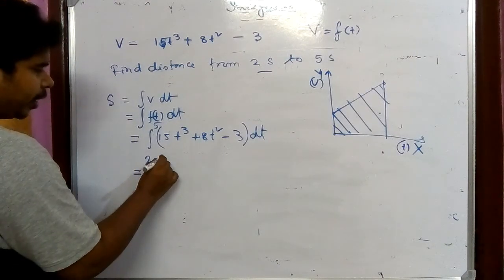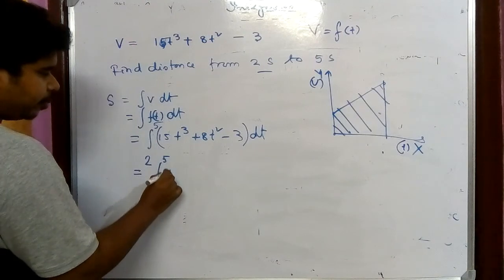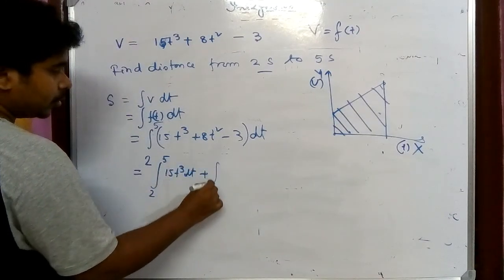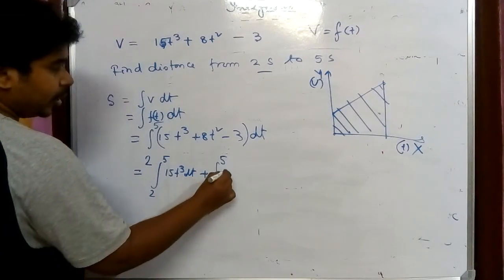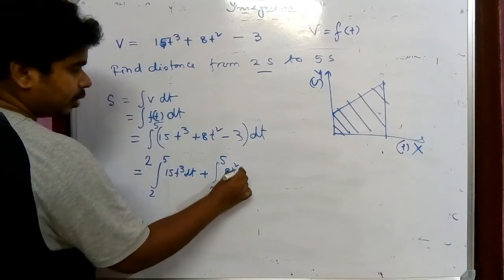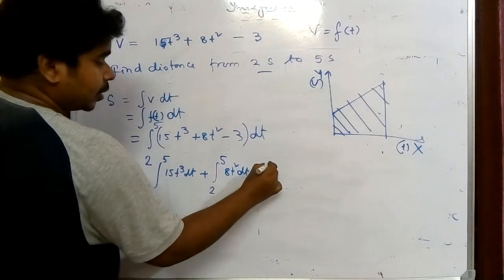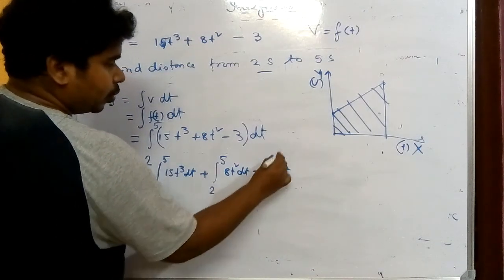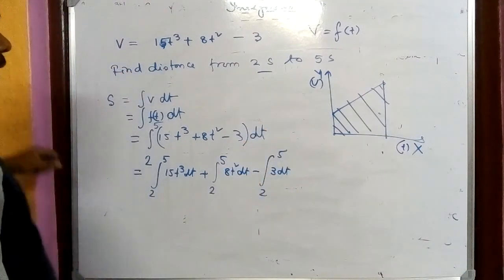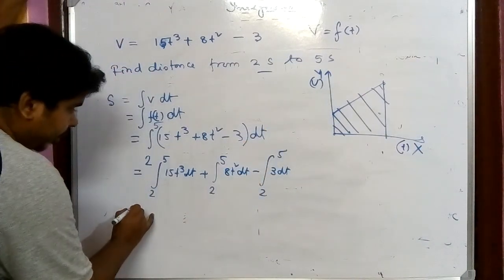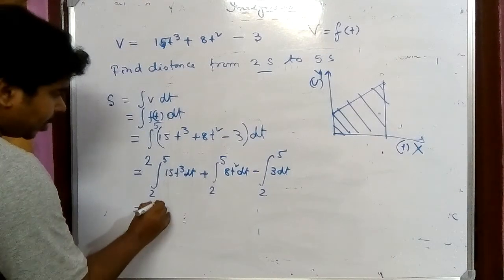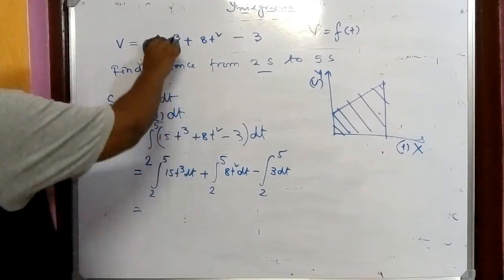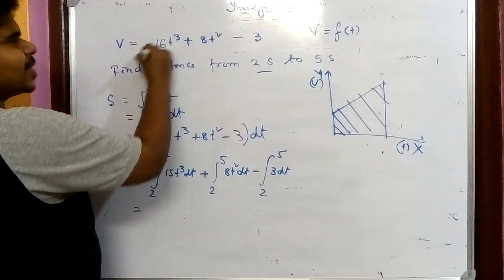So 2 to 5, 15 t cube into dt plus 2 to 5, 8 t square into dt minus integration of 3 into dt, 2 to 5. Step by step. I think I have written it wrongly initially, otherwise there will be a problem in calculation. So make it 16 t cube.